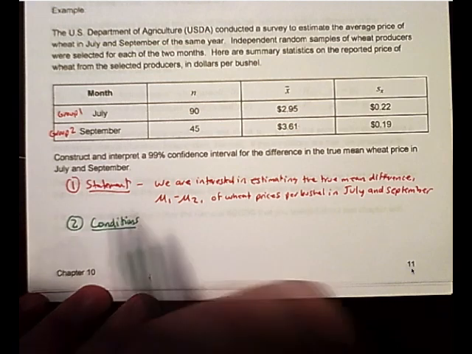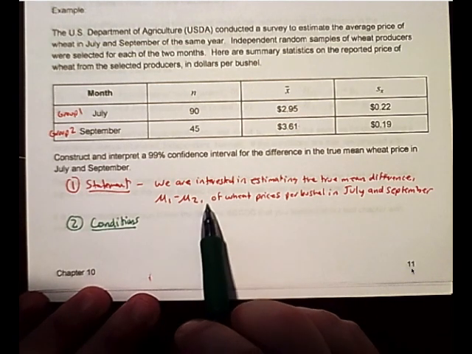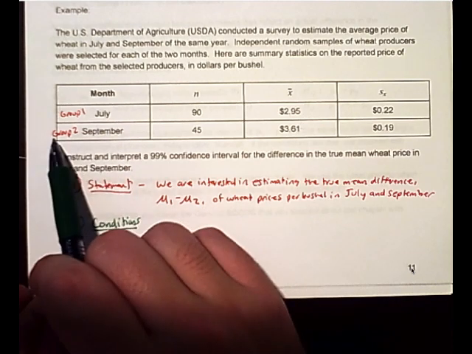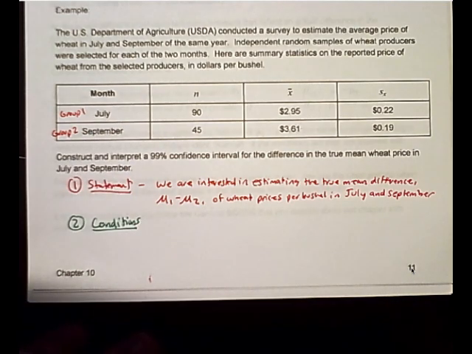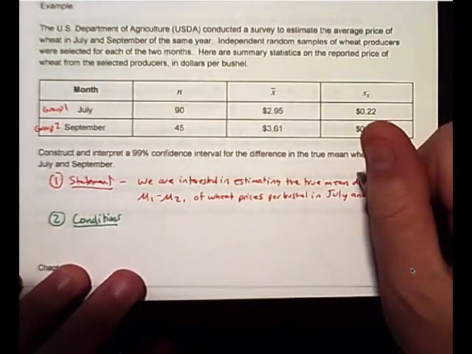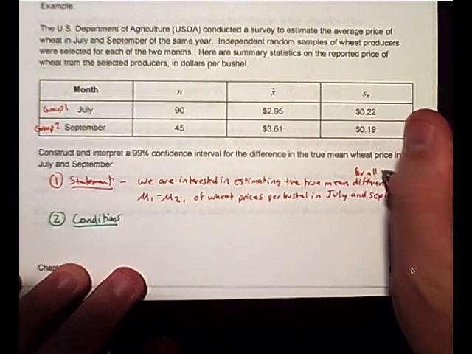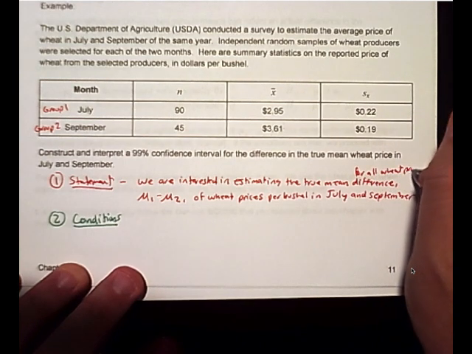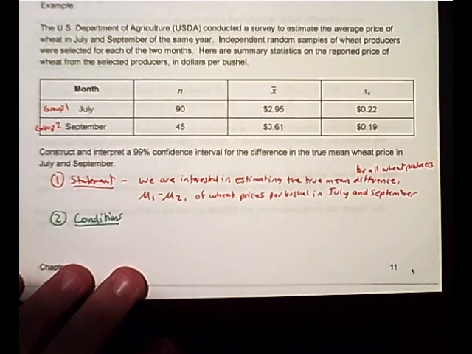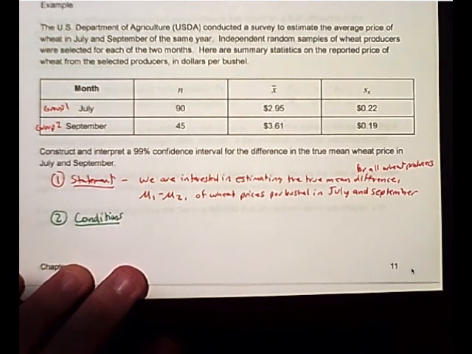Okay. Now, mu1, mu2, I probably don't have to say what those are because I called group 1 July and I called group 2 September. Or you can make it a little bit more clear, the true mean difference for all wheat producers of wheat prices per bushel in July and September.